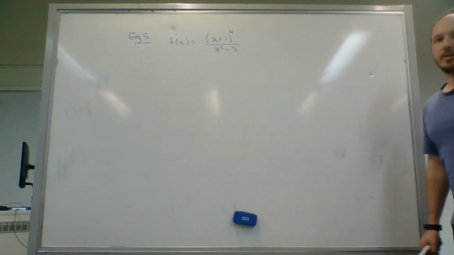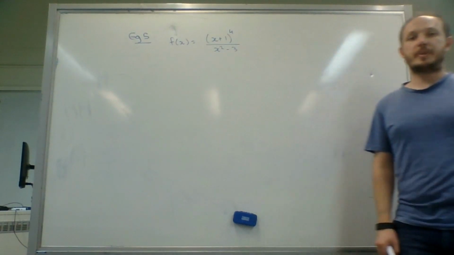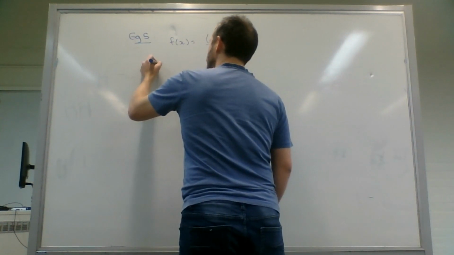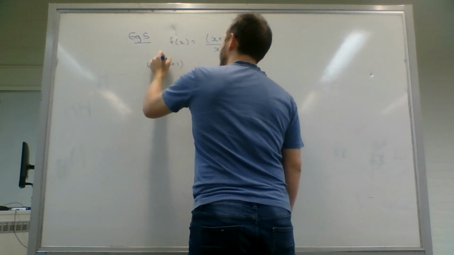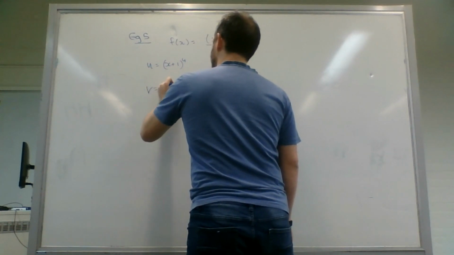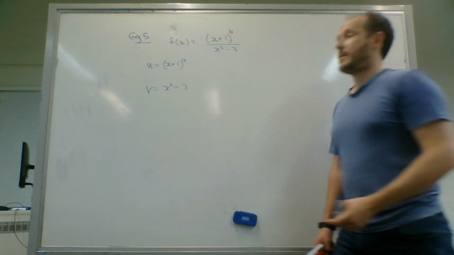So one function divided by another function, so that tells us that we should be able to use the quotient rule. Now I'm going to do the same as before, so I'm going to say, okay, u is x plus 1 to the 4, and v is x squared take 3. And now I can find my derivatives.